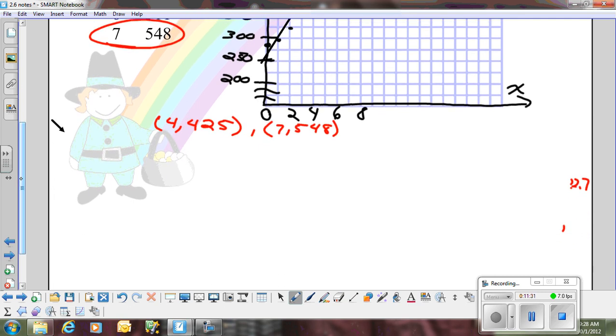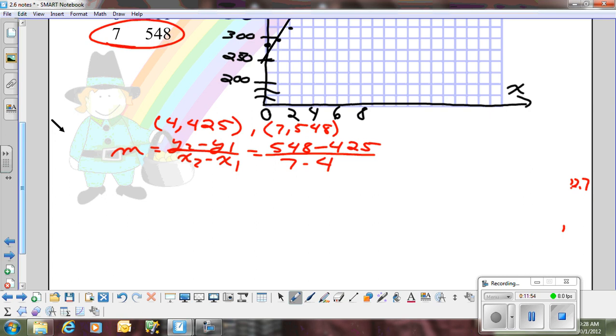So I'm going to write m equals y2 minus y1 over x2 minus x1. So I've got 548 minus 425 over 7 minus 4.